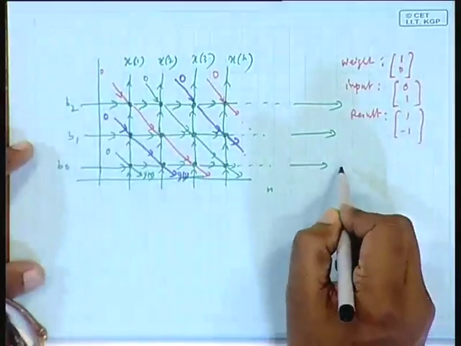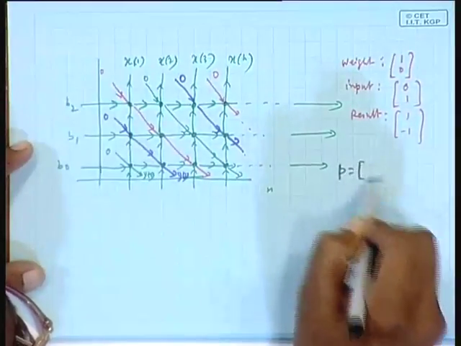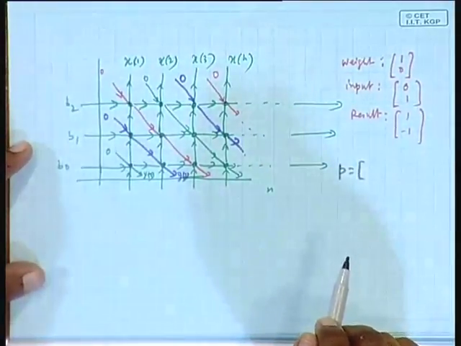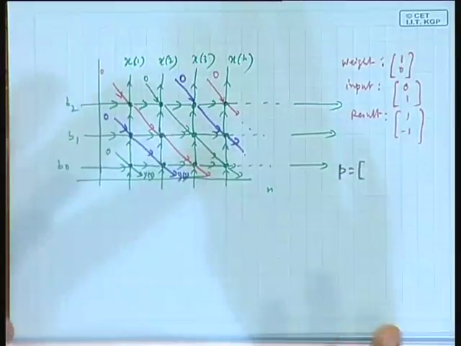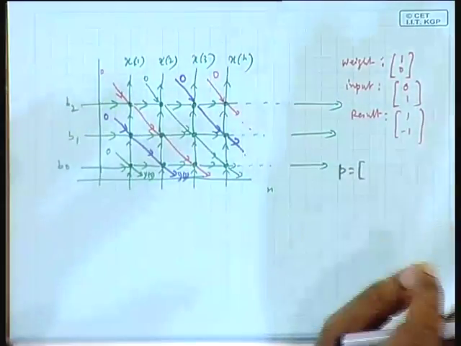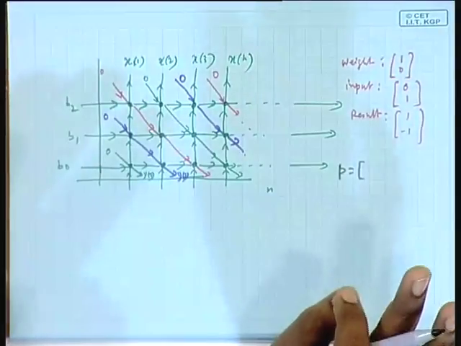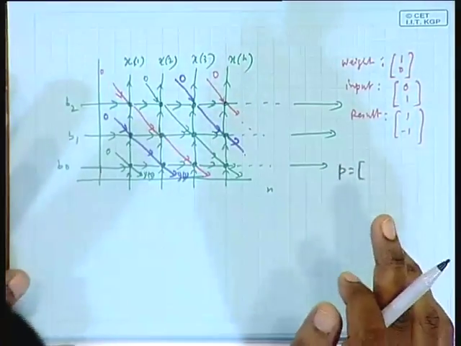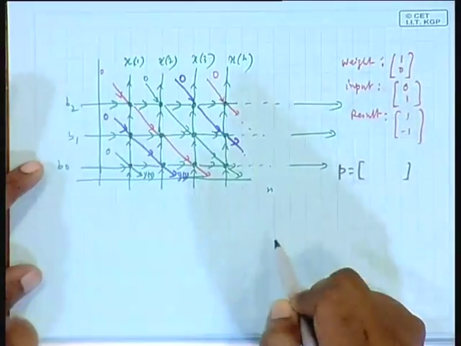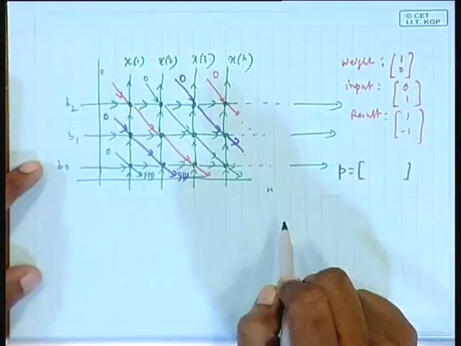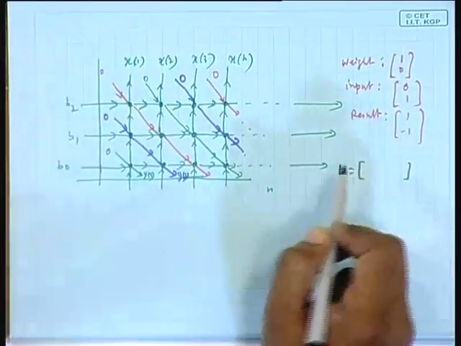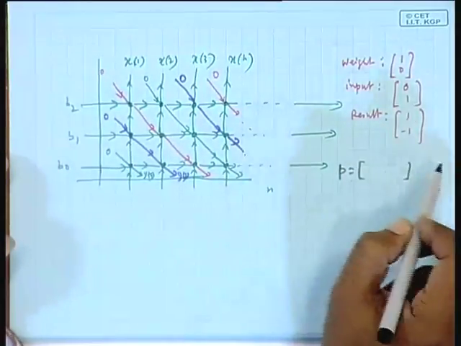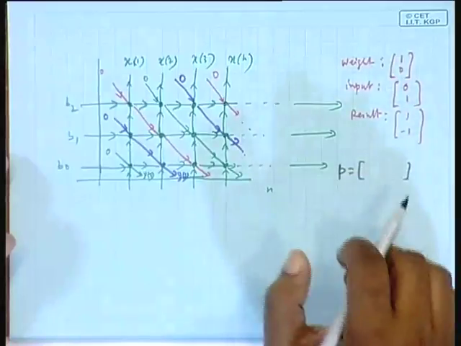So, suppose we take P to be, and here P will be what size? M cross N, M is 1, I will be mapping to a one dimensional array, 2 dimension to 1 dimension. So M equal to 1, N equal to 2, M cross N, so it is actually a row vector. But still instead of calling it P transpose, let me call it P, otherwise you will be confused. When it becomes more than 1, it will be a matrix.